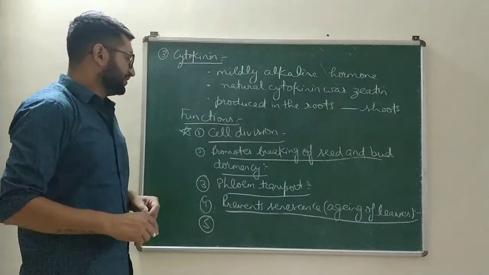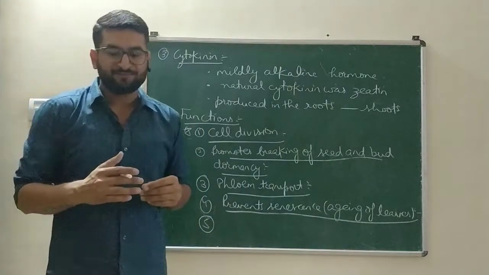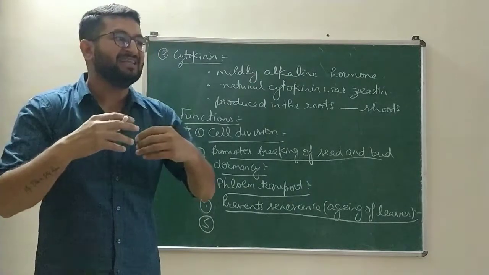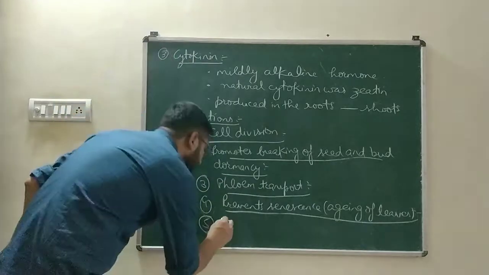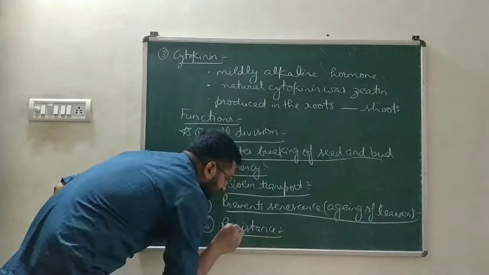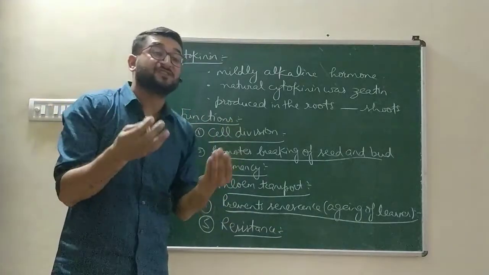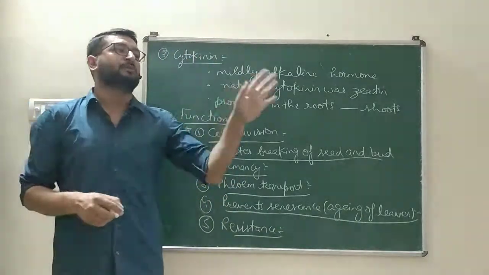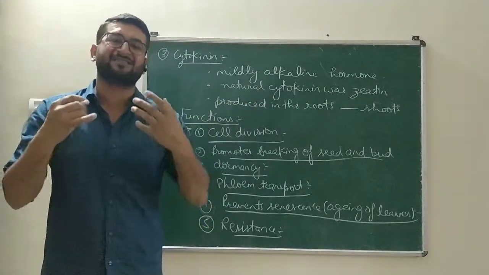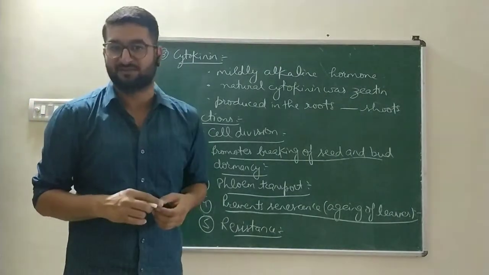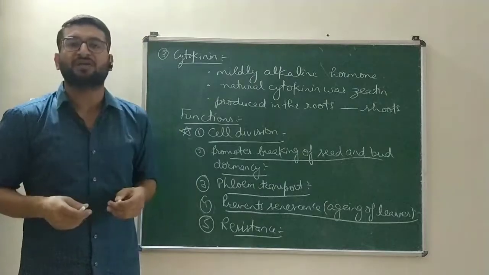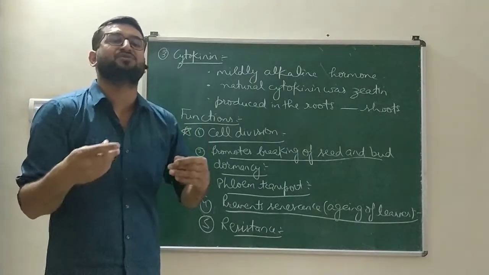The next function of cytokinin is that it helps in providing resistance to a plant. What is resistance? The capacity to stop something. Due to presence of cytokinin, the plants have a resistance against the diseases and microorganisms. Plants can stop the effect of various disease-causing microorganisms on them.